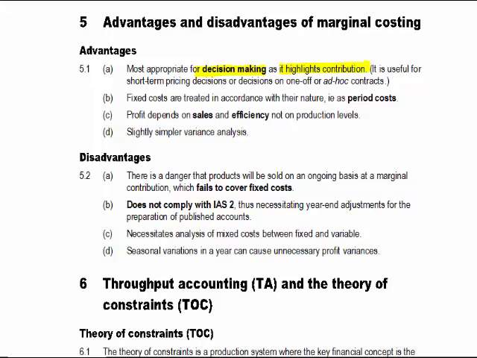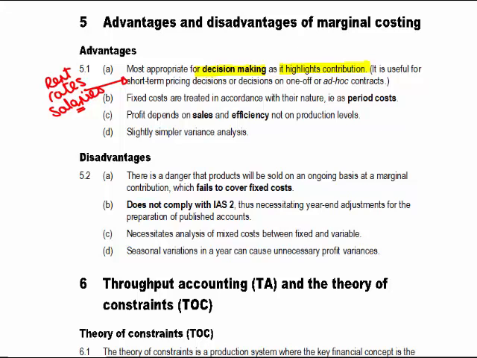A lot of the things that we take into account under absorption costing, things like fixed production overheads, your rent, rates, salaries, we can't actually control in the short term. So they're not relevant in the short term for decision making. And therefore, most decision making techniques we use in management accounting use marginal costing.